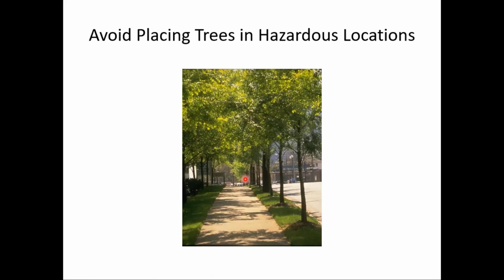This one and maybe a couple more in the background seem to have grown to a pretty large size, such that these do represent fixed obstacles that could cause harm to motorists that leave the roadway. So think about the species of tree in terms of what their maximum size might be and the spacing of the trees and that sort of thing. Because these are maybe like 18 inches behind the curb or so, so they're very close to the roadway.